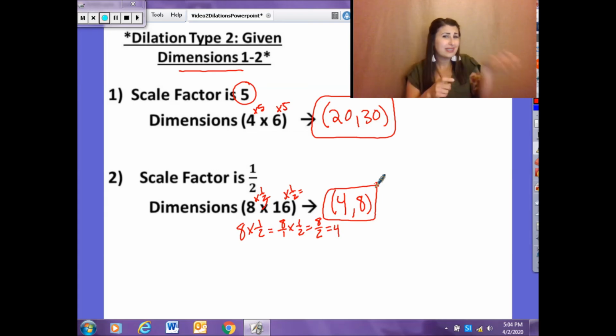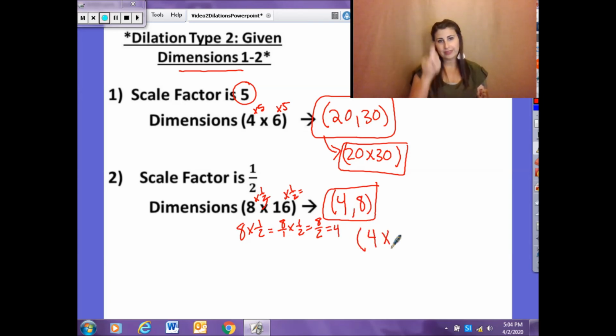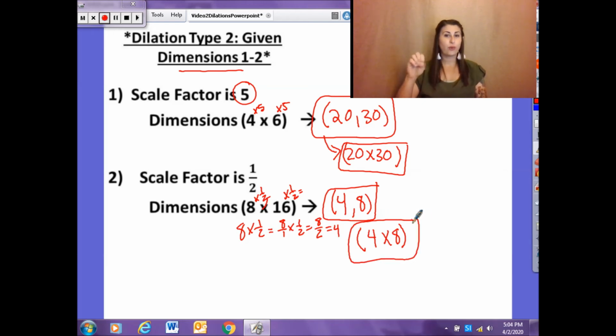If you notice, for here, my scale factor is 5. 5 times as big, they got bigger. From 4 by 6 went to, I wrote it as a coordinate, but it really should be 20 by 30. Okay, so this one should be it right here. And here, I wrote it as a coordinate, but really it should be 4 by 8. All right, I'm making this image half size.